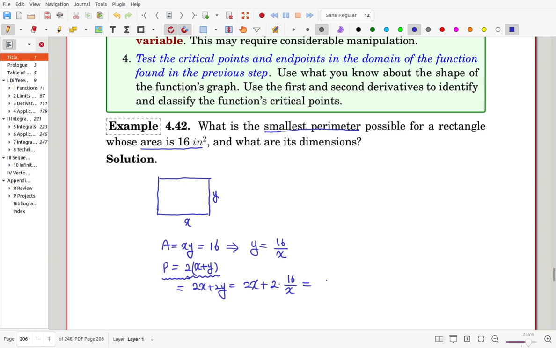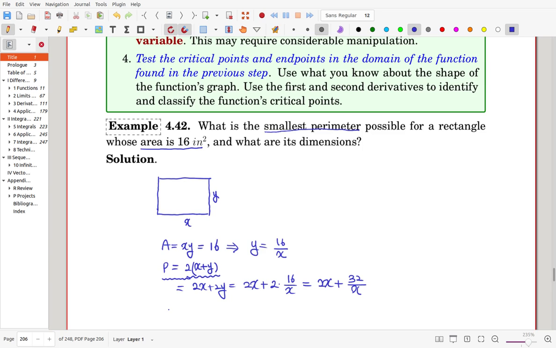Okay, let's rewrite it. So there's a 2x plus now 32 over x. Now this is here the equation in single function of a single variable.